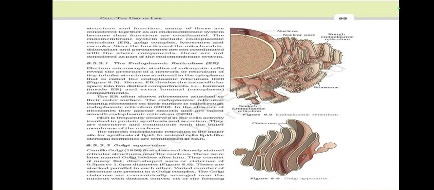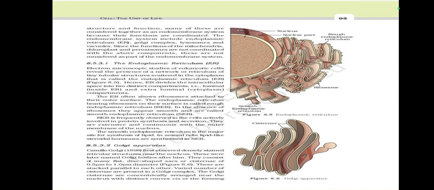The endomembrane system includes endoplasmic reticulum, ER, Golgi complex, lysosomes, and vacuoles. Since the functions of the mitochondria, chloroplast, and peroxisomes are not coordinated with the above components, these are not considered as part of the endomembrane system.